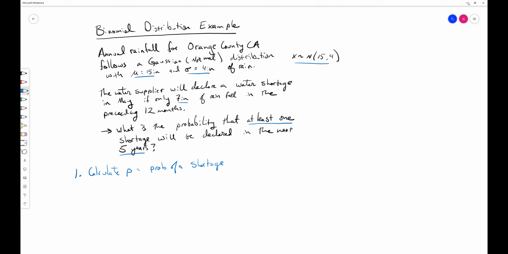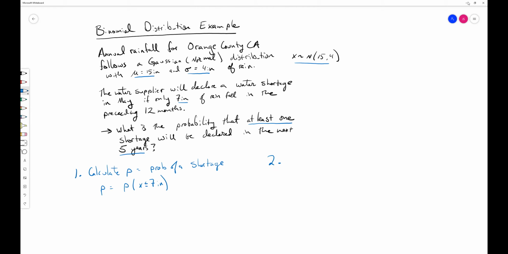And ultimately, because the probability of this shortage follows a normal distribution, we have to go to that normal distribution. So in this case, we're looking at the probability that X is less than or equal to 7 inches. Okay, so this is our p for our binomial distribution.